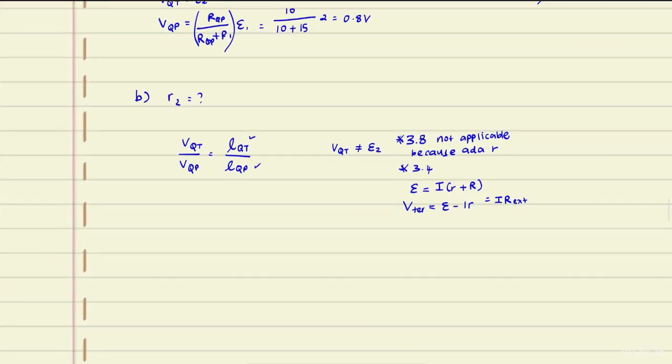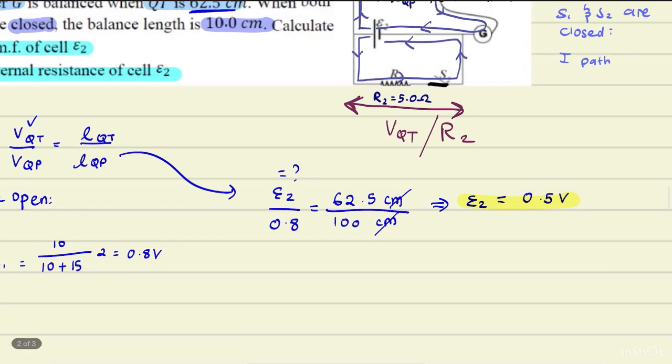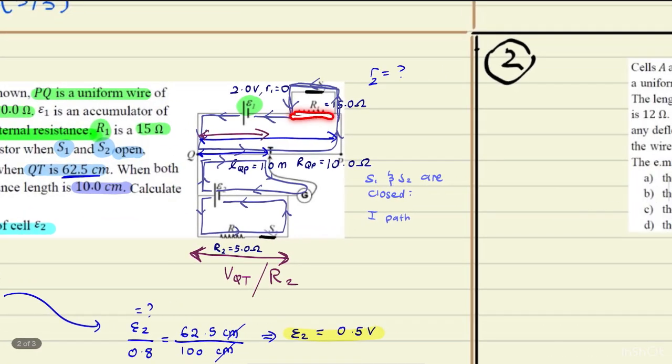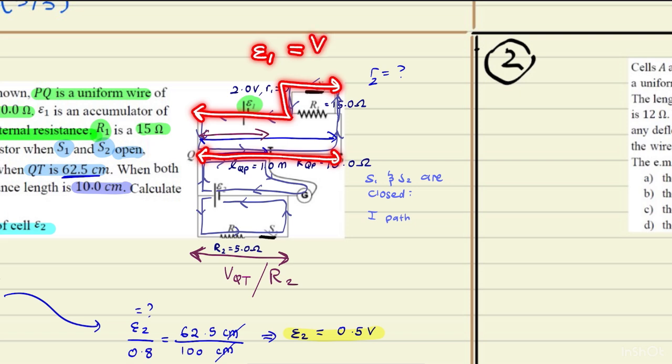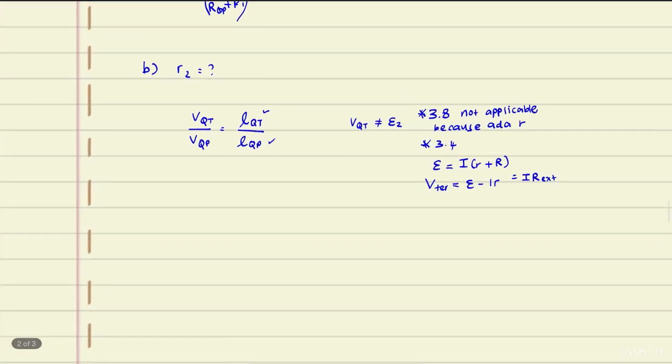Then, the next one is VQP equals what? Now, because we no longer pass through this resistor, it is in series again. So, the voltage across here, E1, will equal the voltage across this wire, because there is no resistor anymore. We are no longer going to use the potential divider. So E1 equals VQP. Okay, this is a correct fact.